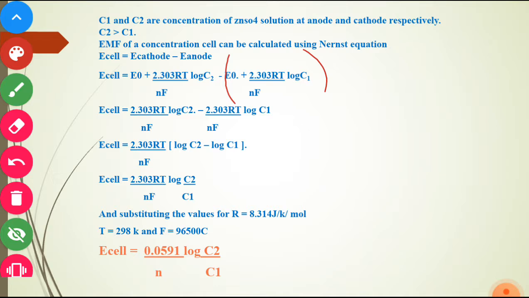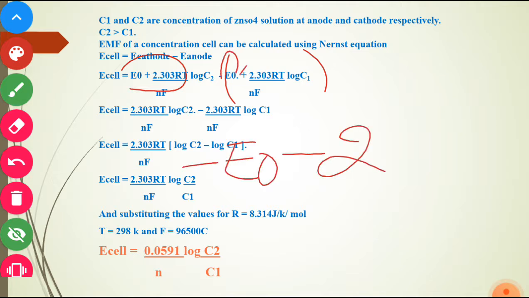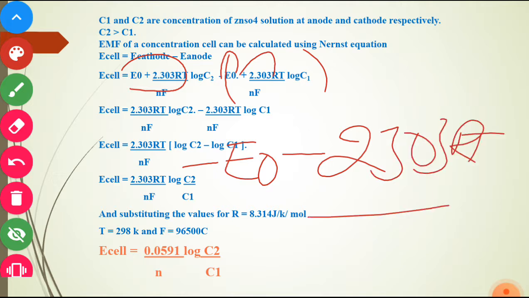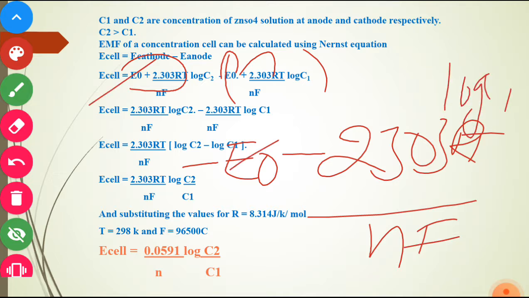Then we have to write this term as it is, minus of E naught plus, and multiplying the minus into both terms, we get minus E naught minus 2.303 RT divided by NF of log C1. Here E naught minus E naught cancel each other.